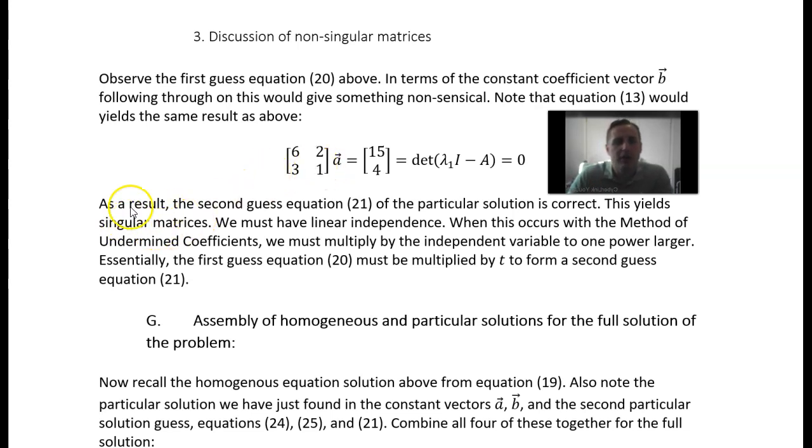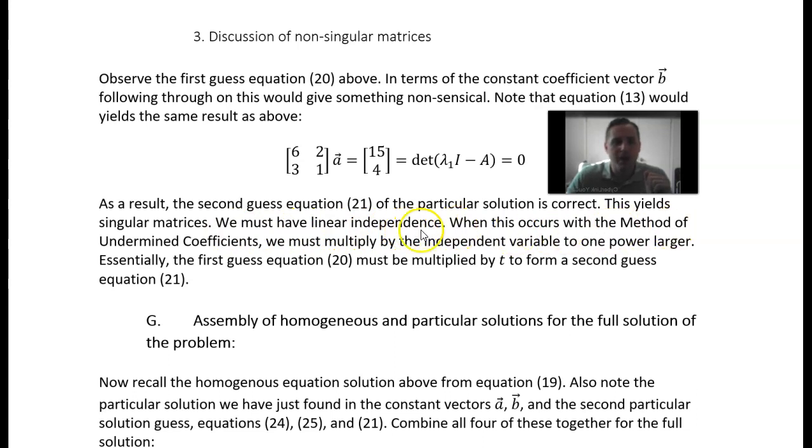So it turns out the second guess equation is correct. You're going to end up with something right here that is erroneous, a nonsensical result, a non-singular matrix, if you go through many other ways to do this problem, namely things that are not linearly independent. We have to have linear independence.